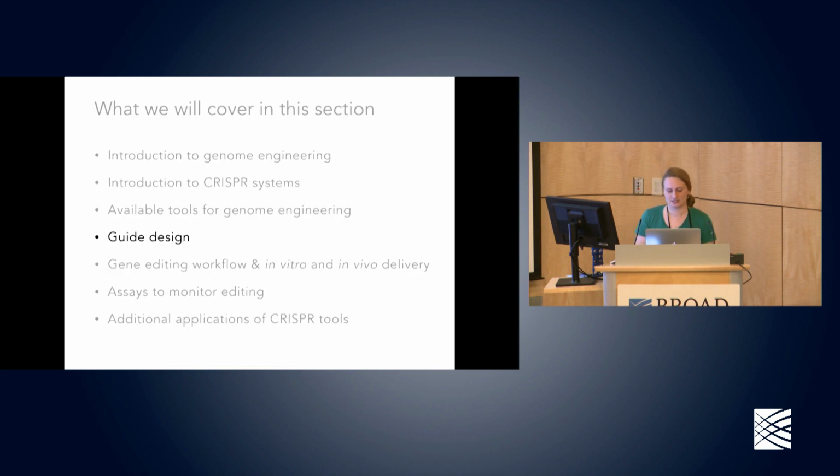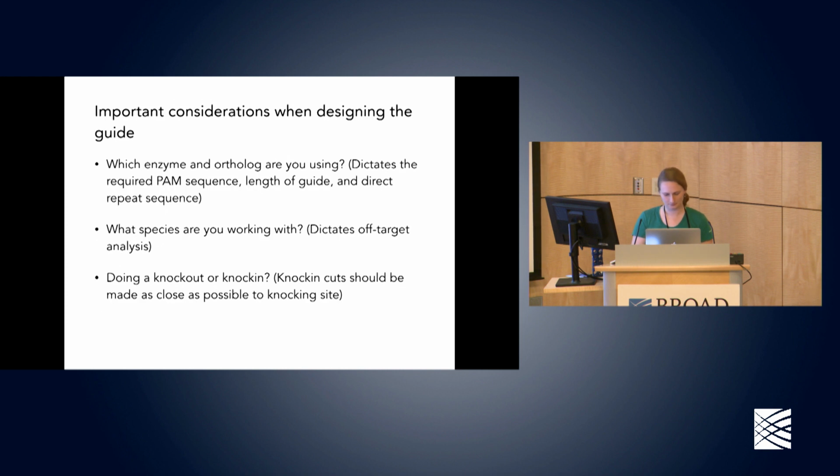So next, after deciding on which Cas enzyme you'd like to work with, it's then good to design your guide. And so here are some important considerations when you're designing your guide. So first, again, you need to figure out which Cas enzyme you're going to use, because this dictates your PAM sequence that needs to be adjacent to the target, the length of the guide, and the direct repeat sequence that's associated with that particular Cas enzyme.